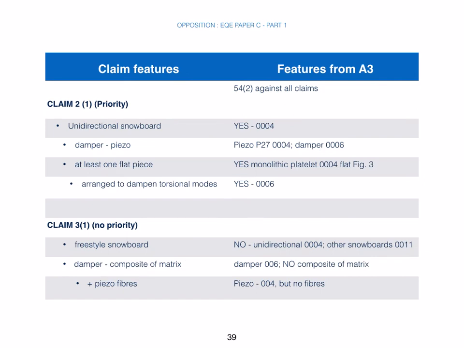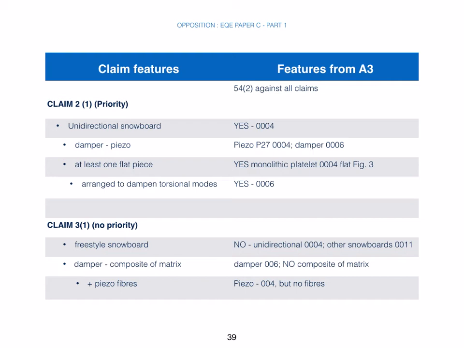So we go to claim 2. Does A3 have a unidirectional snowboard? Yes, paragraph 4. Does it have a damper? Yes, with piezo material? Yes, P27, paragraph 4, damper, paragraph 6. Does it have at least one flat piece?